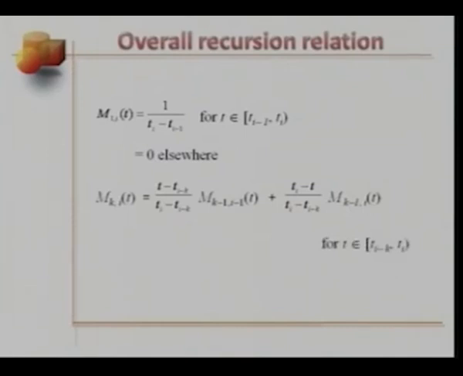This is for values of t in between closed ti minus k, comma ti open, and 0 for all other values of t. Now this index k can go from 2 to any value you want.